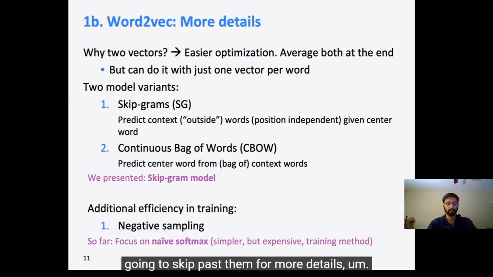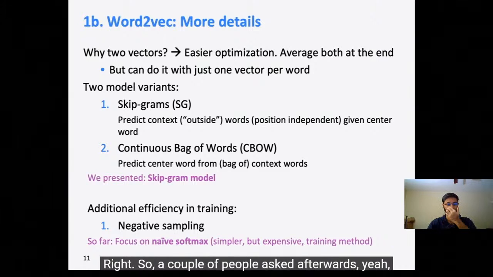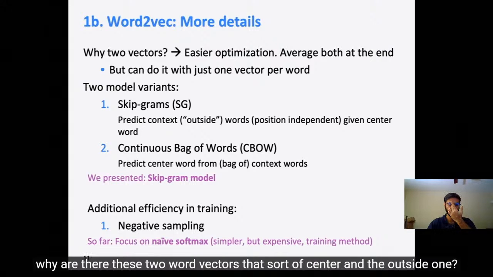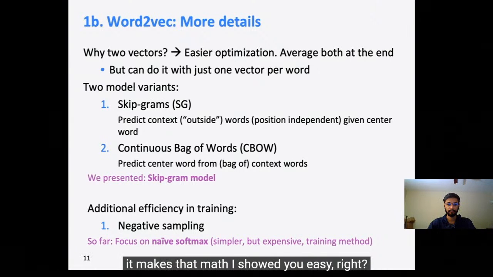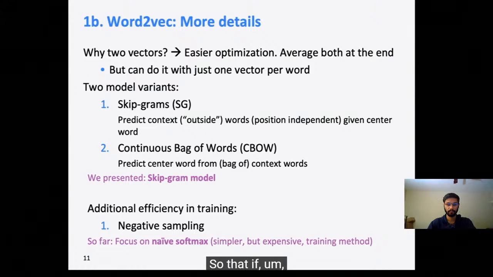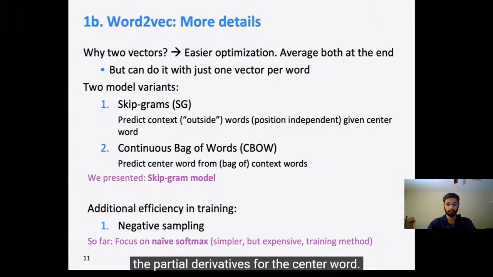More details. A couple of people asked afterwards, why are there these two word vectors, the center one and the outside one? And the answer to that is it makes the math I showed you easy. If you do it as I showed you, then working out the partial derivatives for the center word is just as I showed you, it's easy.